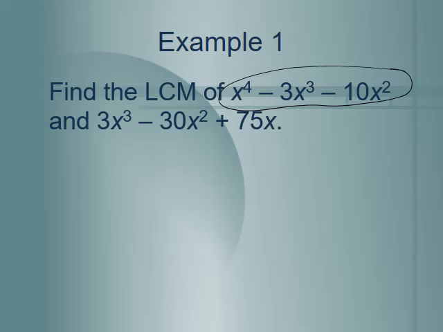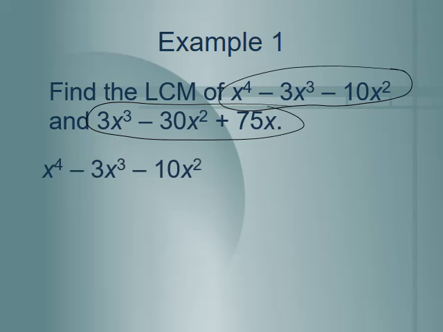So we're going to choose the largest that's in common. The thing that we can take out of everything is our x squared. When we look at this expression, we actually have 3's in common. 3 can go into each of these numbers, and we also have 1x that can come out of each.